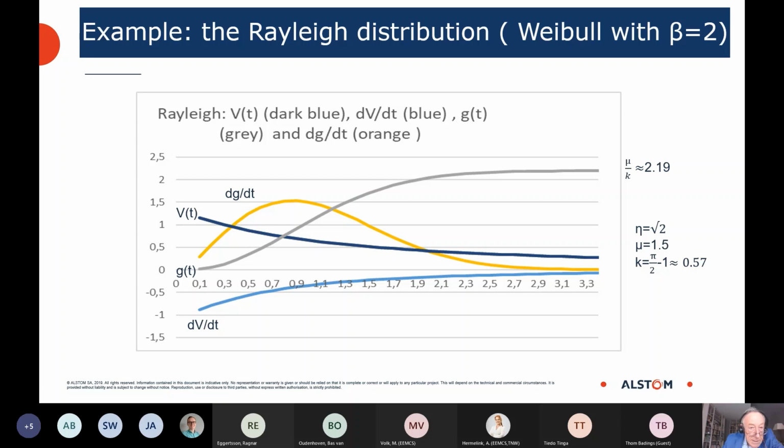So we can see that it has in fact a maximum. So it's an inflection point in g. G has an S shape, so it has an inflection point, which is otherwise stated the maximum of dg over dt. So it means that the acceleration of time, the time speeds up and then it slows down, actually.